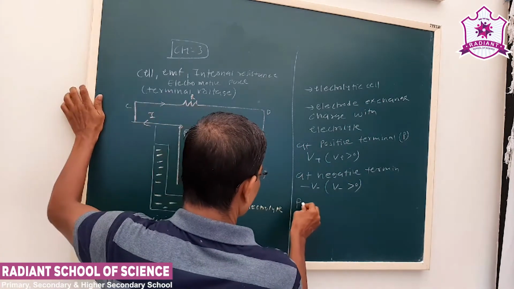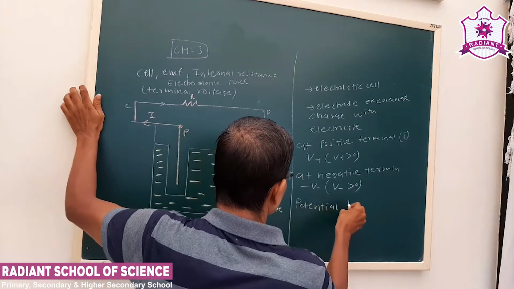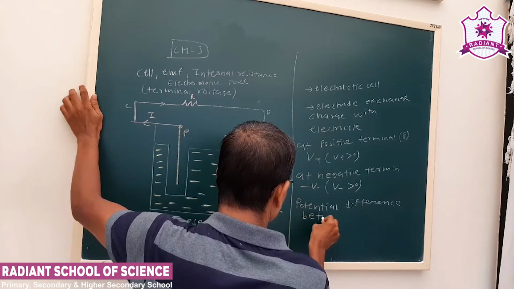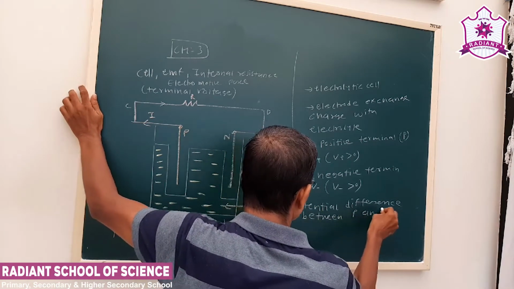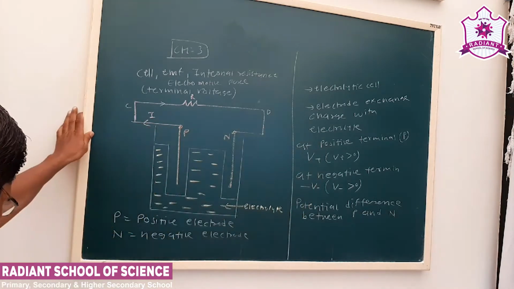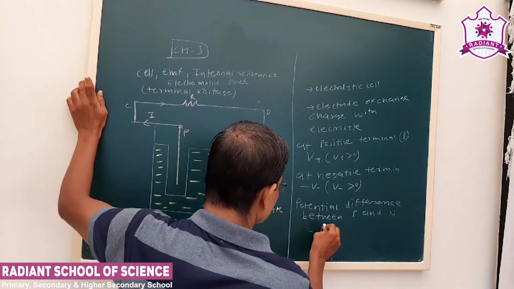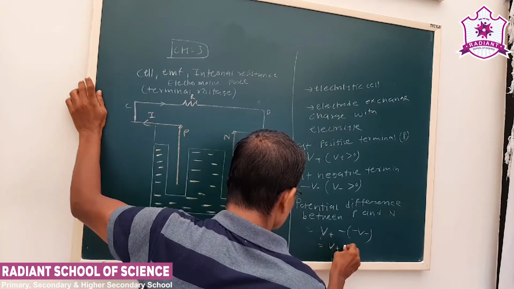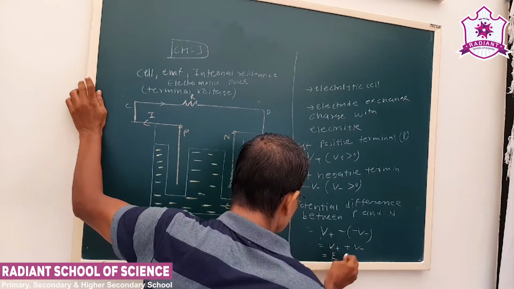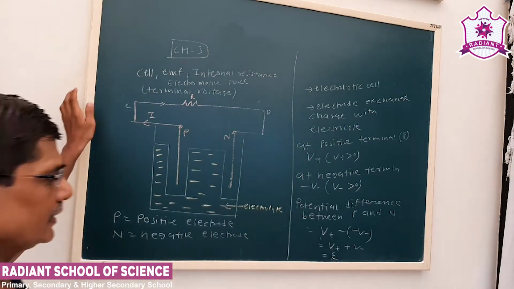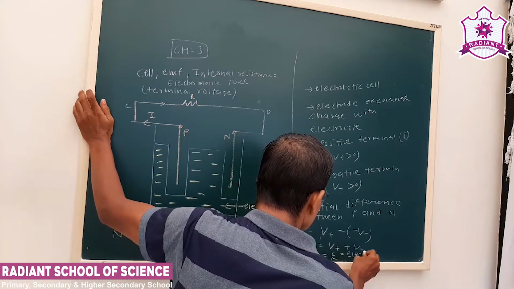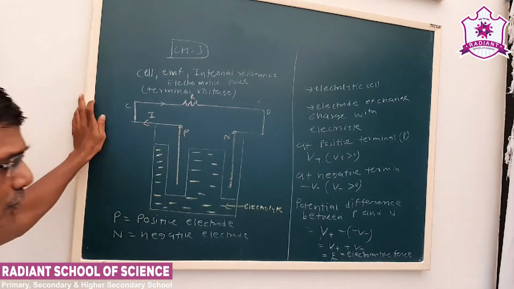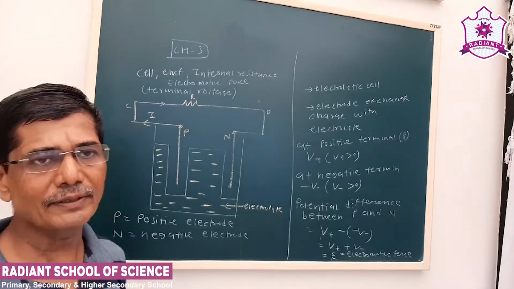Now what is the potential difference? The potential difference between P and N is V plus minus V minus, and that is E. E is called the electromotive force. Actually, it is energy per unit charge.